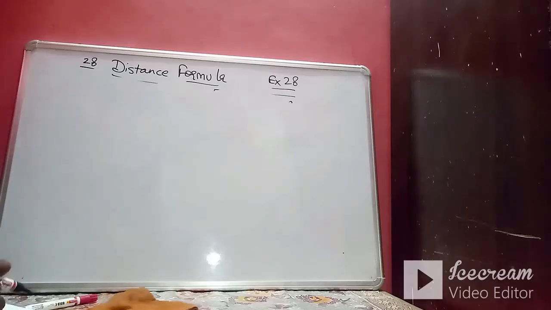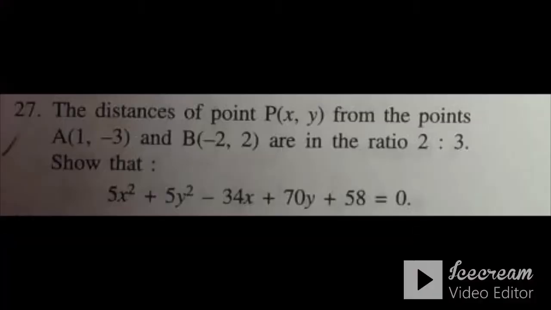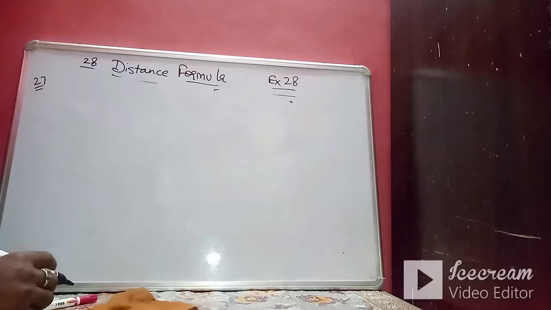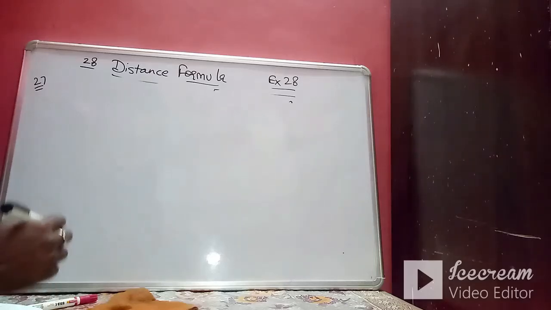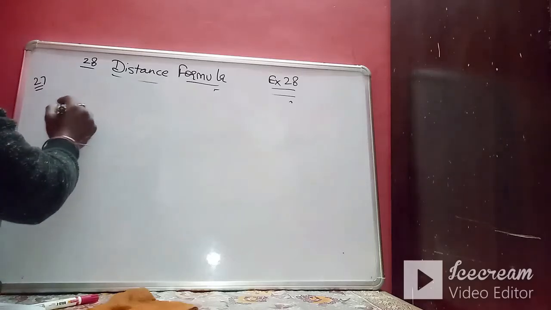Then let's see question number 27. The distances of point P from the points are in the ratio. So again the same type of question is there.